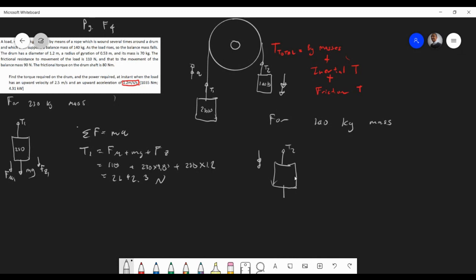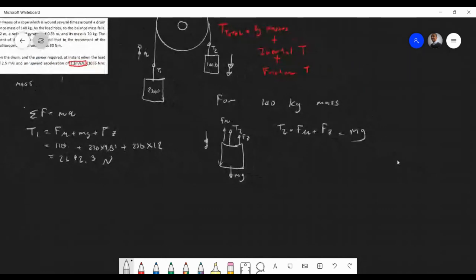We've got our T2 and our standard mg. You have your F mu going that way, and your inertial force going this way. If you do a standard balance for this, that'll be T2 plus F mu plus Fz equals mg.